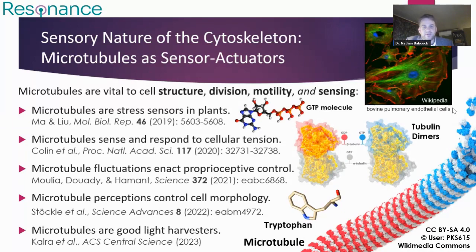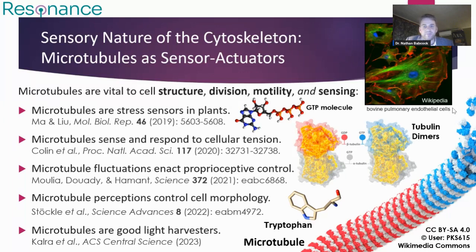They're important stress sensors in the cell. They respond to mechanical tension. They enact proprioceptive control. That's control of the sensory environment of the cell, a cell's sense of what it's doing, its current status, and its own cellular perception of its morphology, its shape.